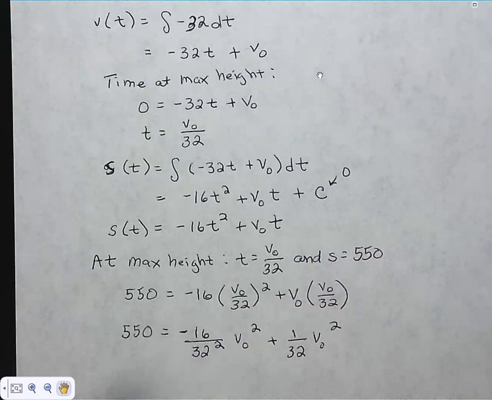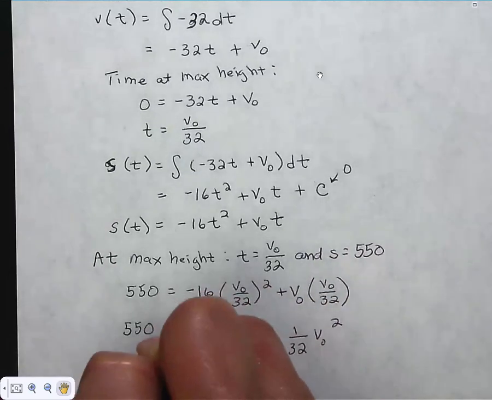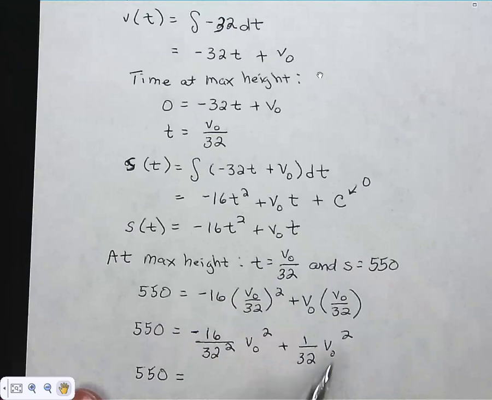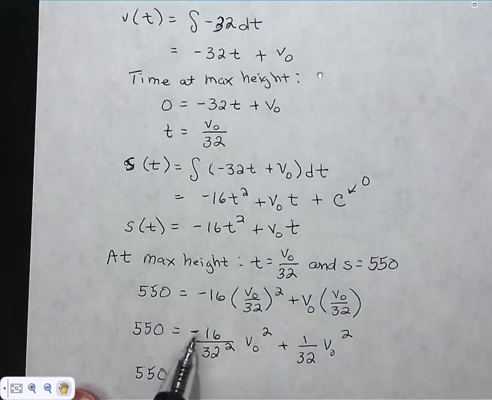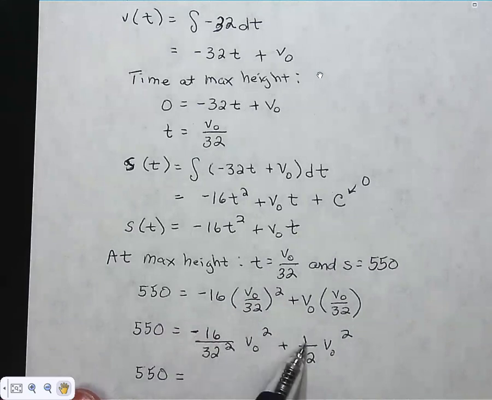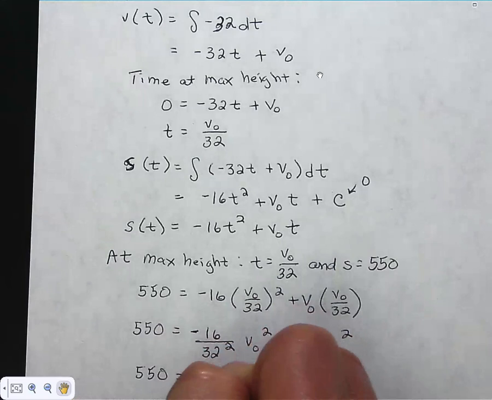So I could combine like terms. I'd have to multiply this by 32 over 32 to get a common denominator, and negative 16 plus 32 is positive 16 over 32 squared.